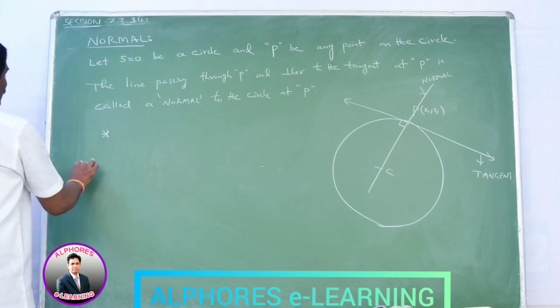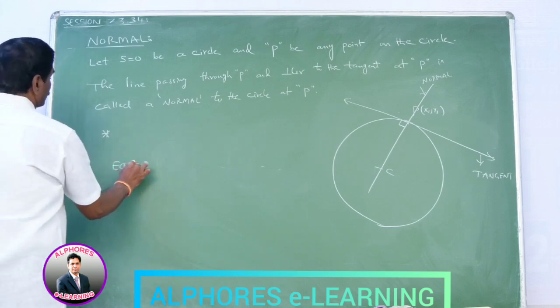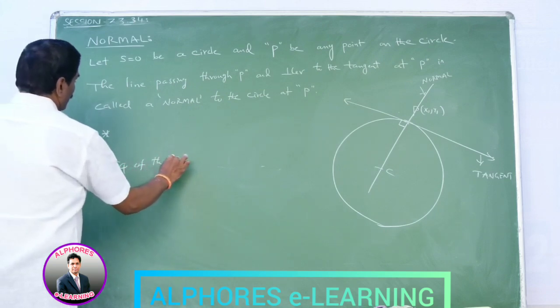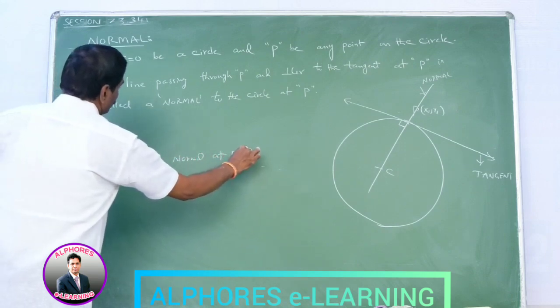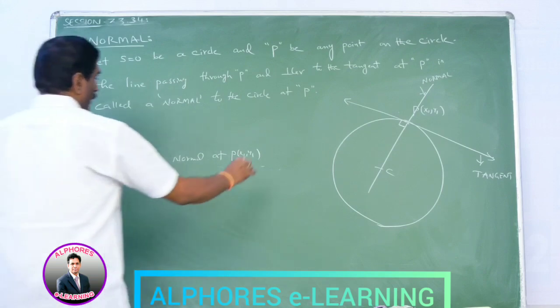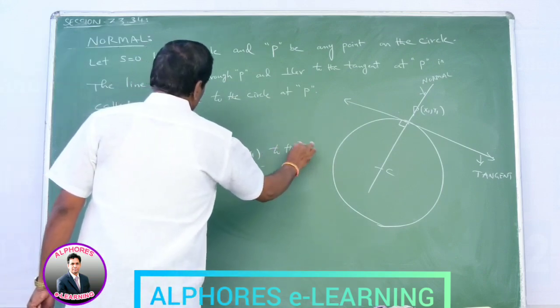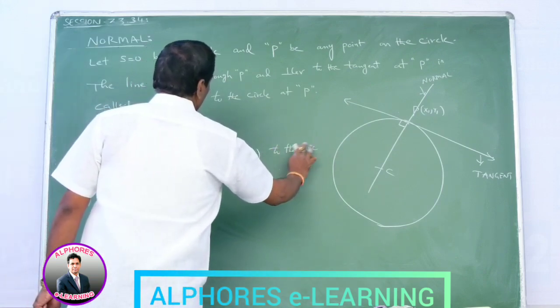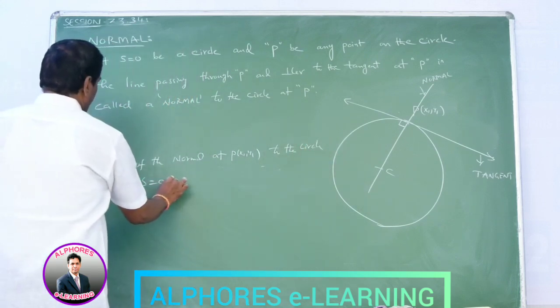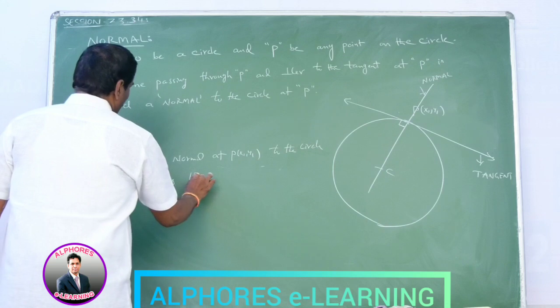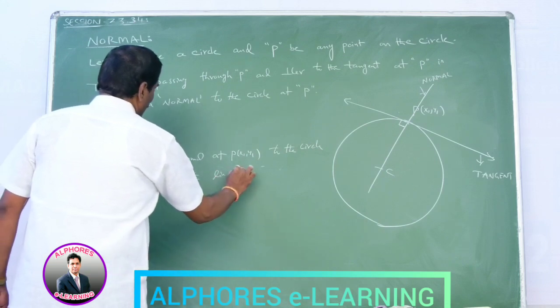Next, the equation of the normal at P(x1, y1) to the circle S is equal to 0 is the line CP.